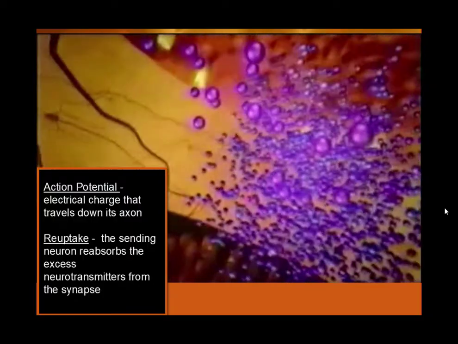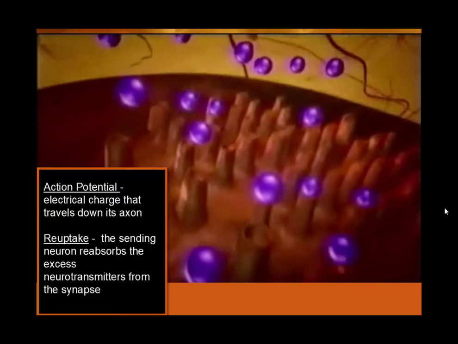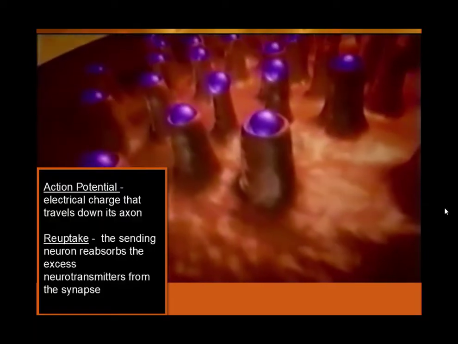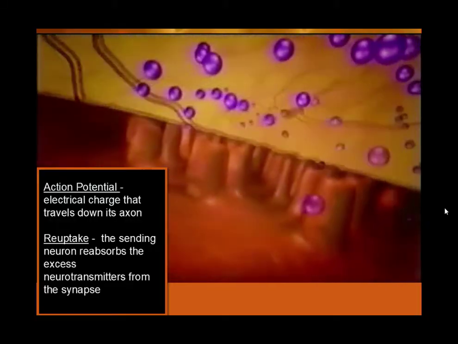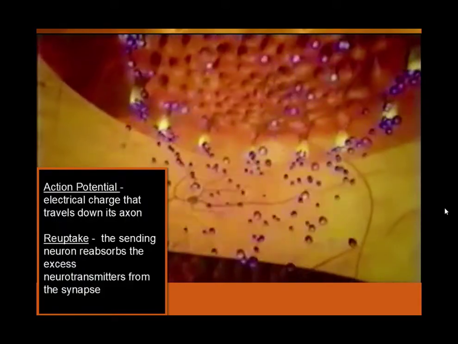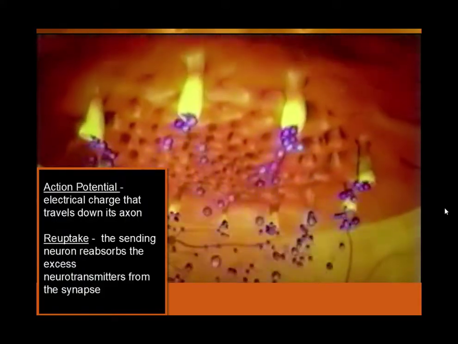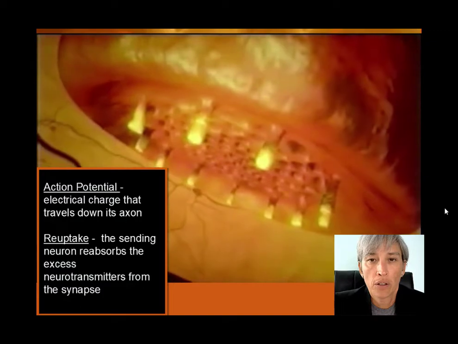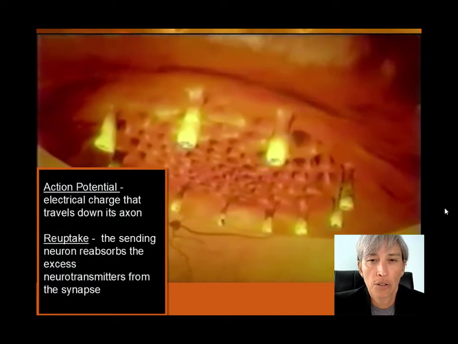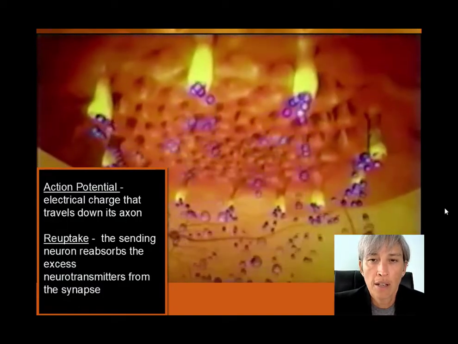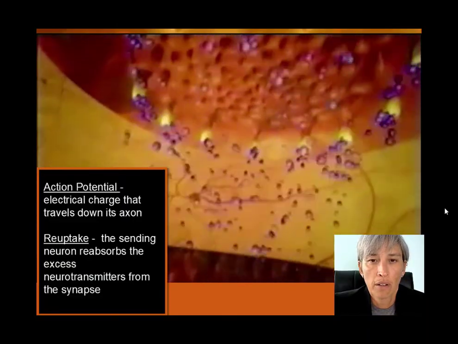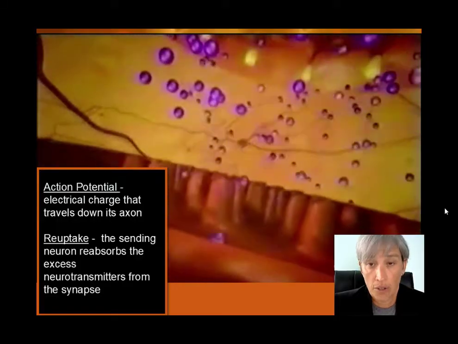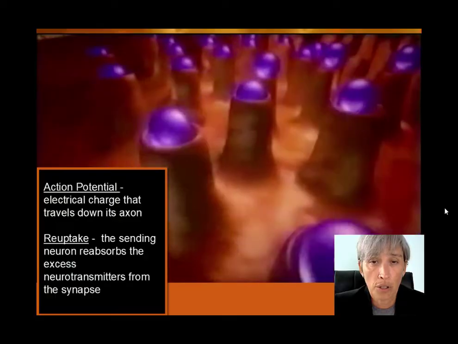Here you can see it in action. So when the neuron that is sending the action potential, the neurotransmitter, sends it out, the dendrite, the receiving neuron, receives enough of the chemical messenger.